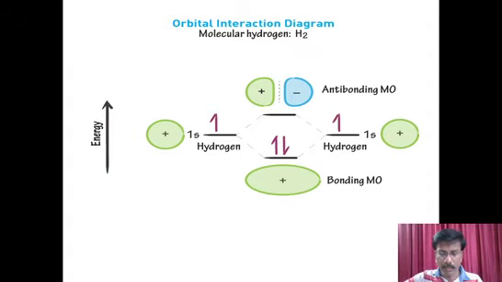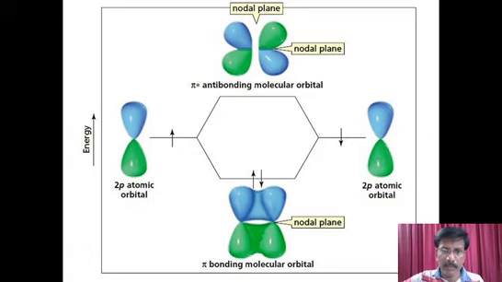So the bonding molecular orbital energy is at a lower level compared to the atomic orbital, and the anti-bonding molecular orbital energy is at a higher level. It is above the atomic orbital. So two energy levels are created and two molecular orbitals are there. One is at a lower energy level, that is called bonding. Another is at a higher energy level, that is called anti-bonding. This is the reason why we always get bonding and anti-bonding molecular orbitals equal in number to the total atomic orbitals involved in the diagram.